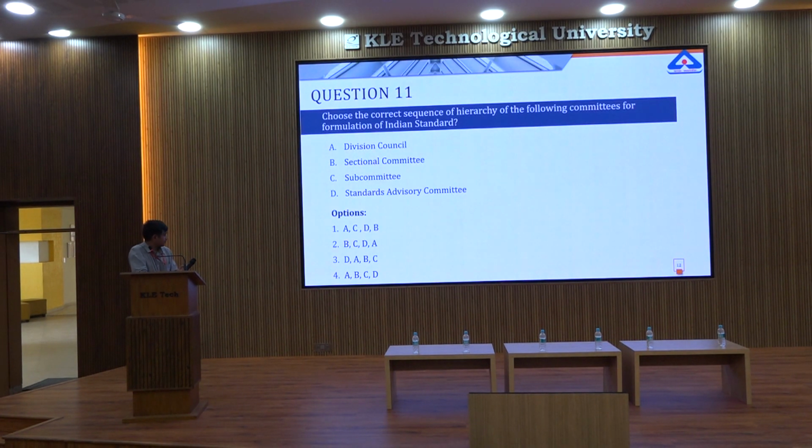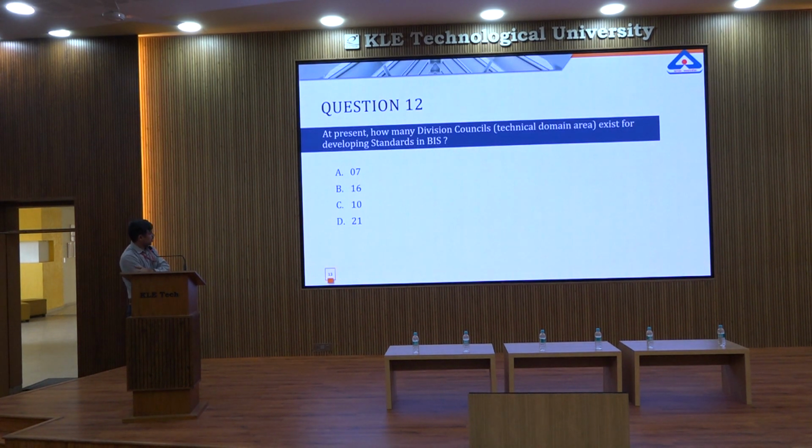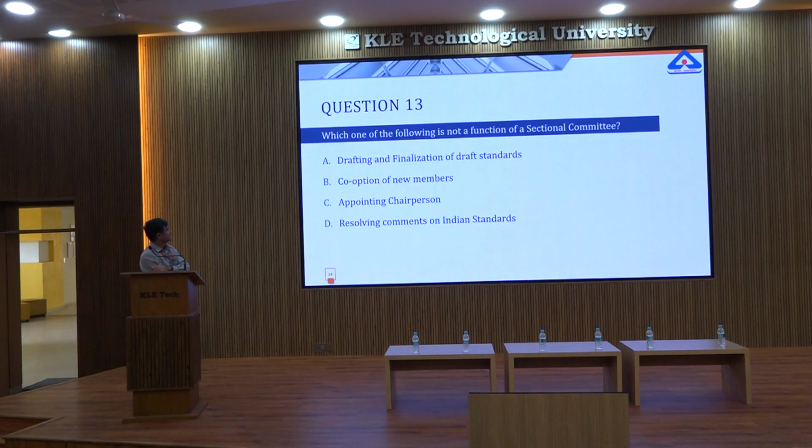Okay, now hierarchy, which is the correct sequence of hierarchy? Third and fourth. I'm hearing third and fourth both. Let's see. Standard Advisory Committee, then Regional Council, then Sectional Committee, and then Subcommittee, panel, working group, all these are there. How many Regional Councils? Okay.